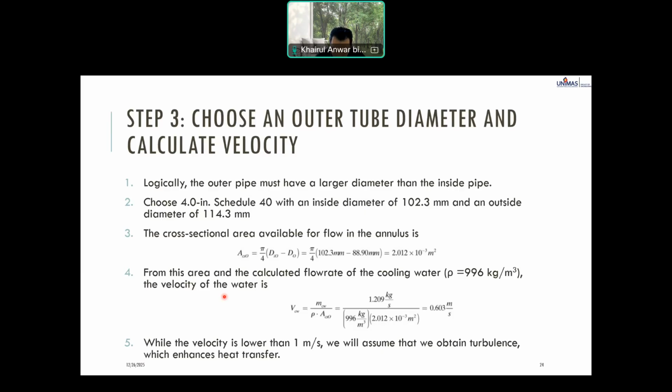Therefore, the cross-sectional area available for flow in the annulus is, we calculate using this equation.